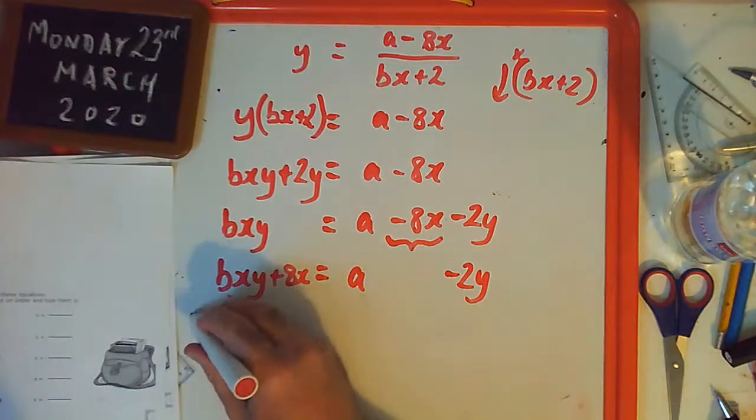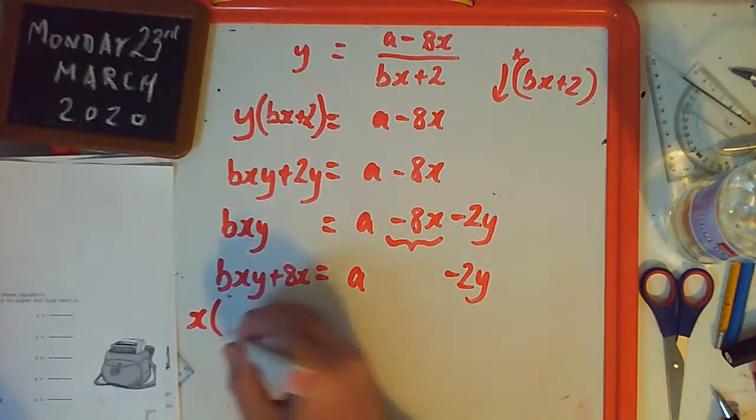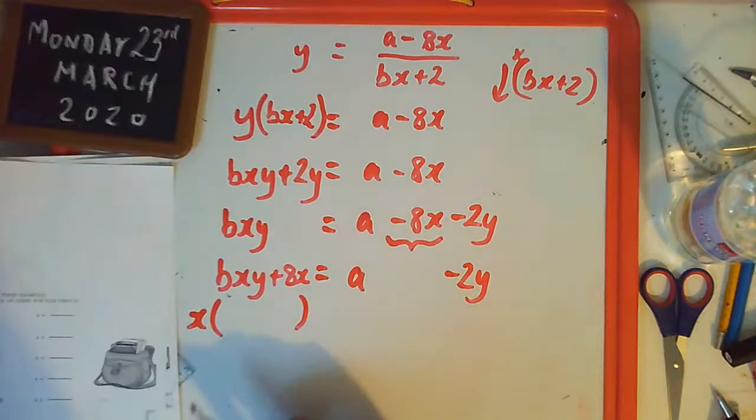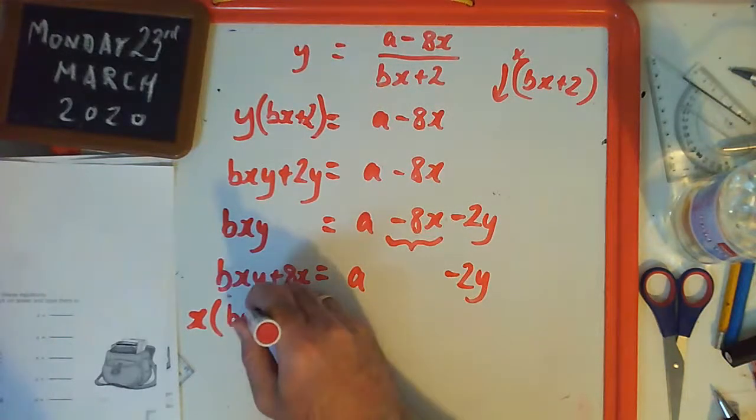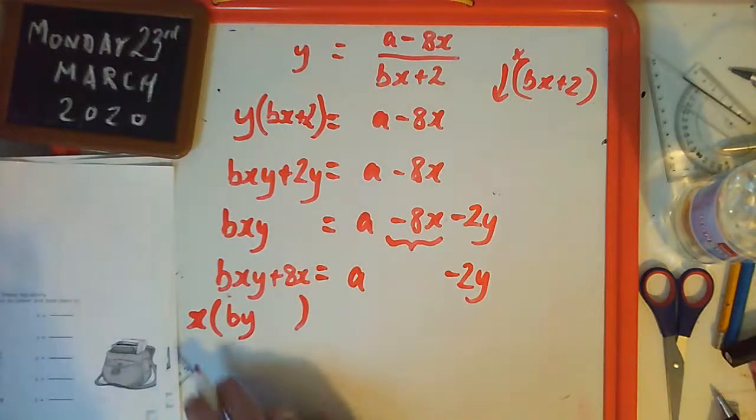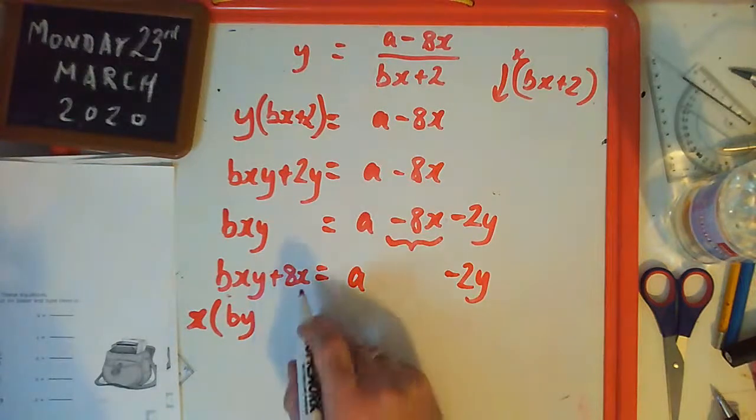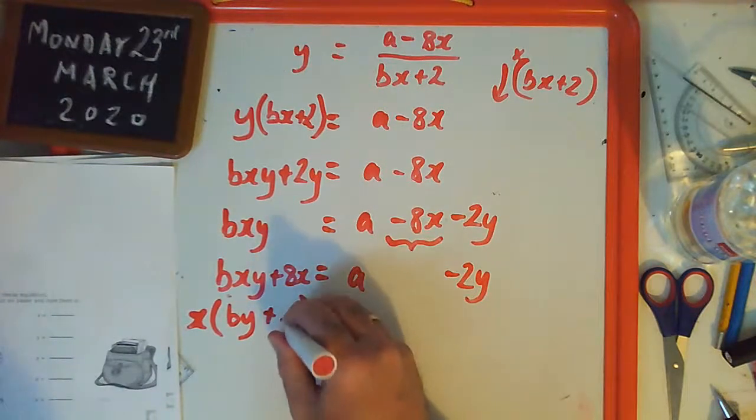I'm going to factor out the x. So I'm now asking myself the question, x times what in the brackets will give me bxy? Answer by. And x times what in the brackets will give me 8x? Answer 8.